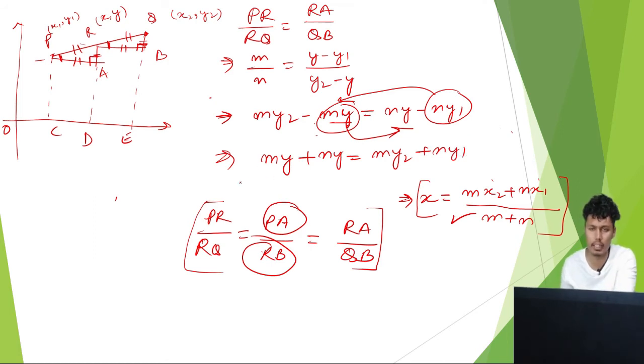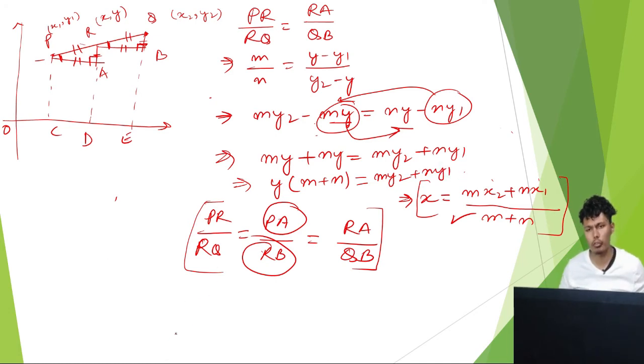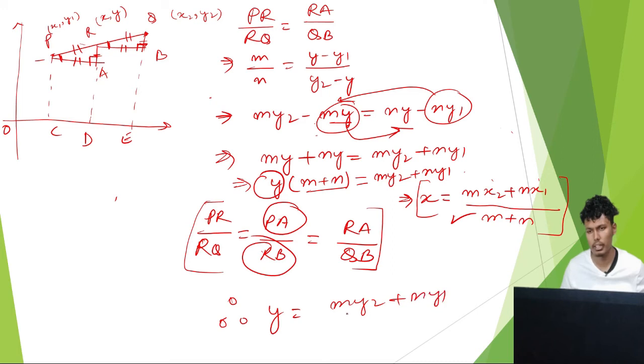I haven't changed anything. So y times (m plus n) is equal to my2 plus ny1, taking y common from these two. Now the value of y will be this divided by m plus n. So therefore y is equal to (my2 plus ny1) divided by m plus n.